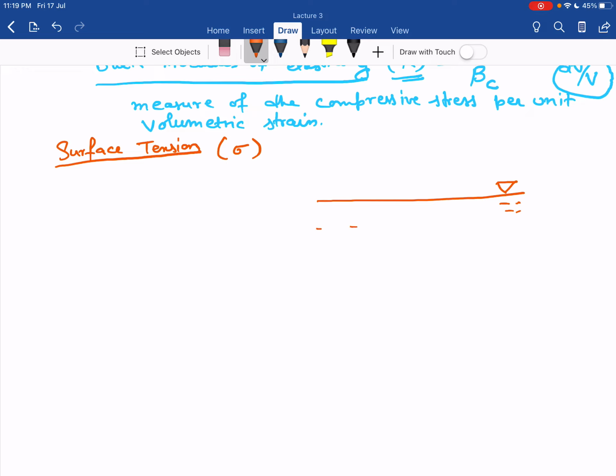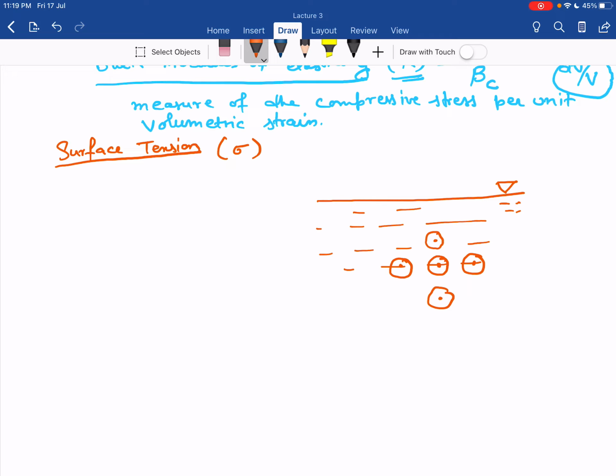So in between we have a liquid. So in this liquid we have different molecules. Now say we have this one molecule. This molecule is surrounded by a number of other molecules.